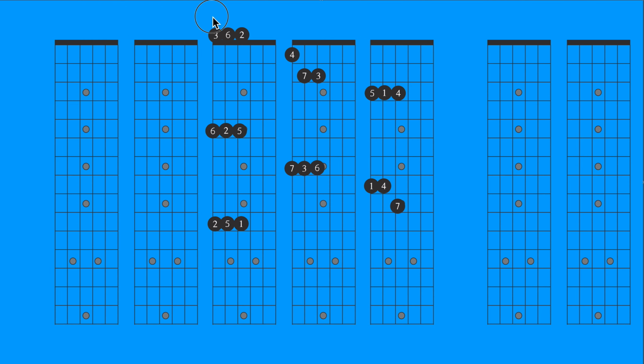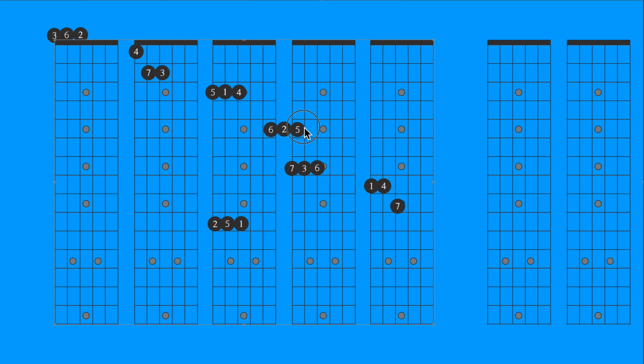Okay, so now I'm going to put one of these per fretboard. 3, 4, 5, 6. One of these days I'll do a video where I'm fully prepared before I press record.